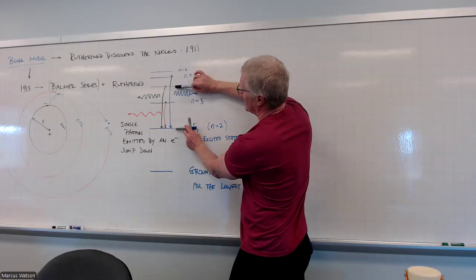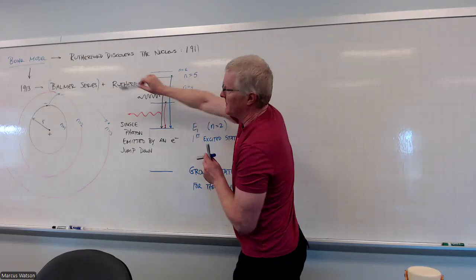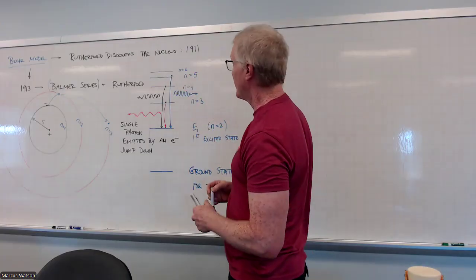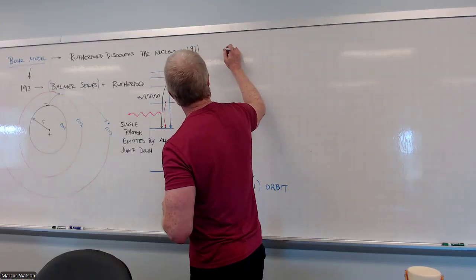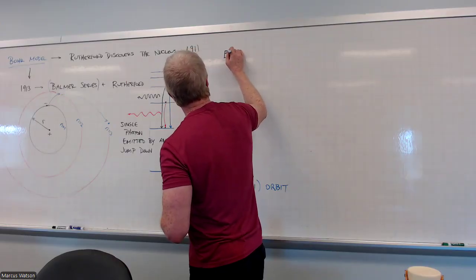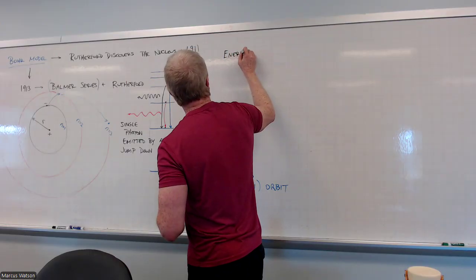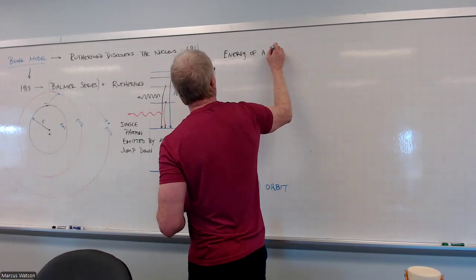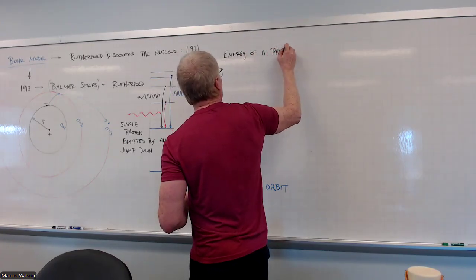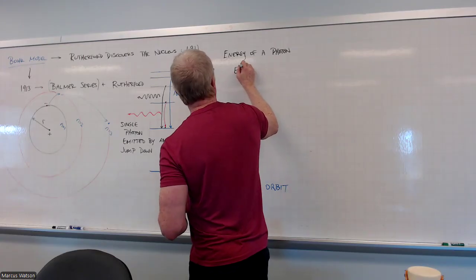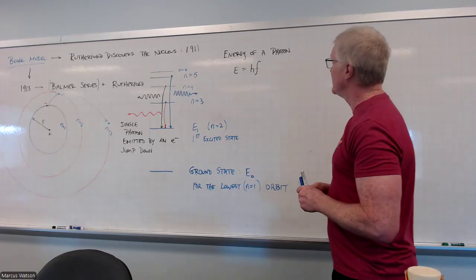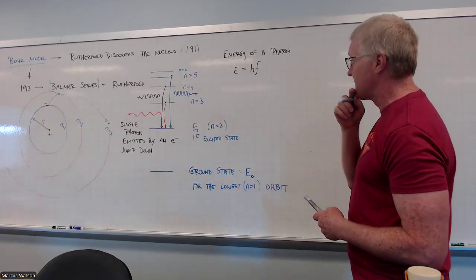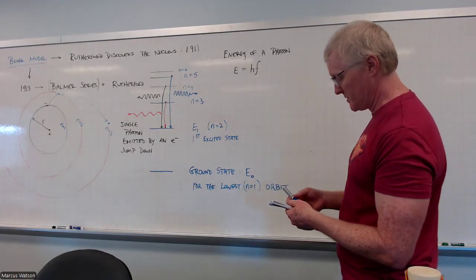The energy difference between these two levels is the energy of that photon. And that's how you find out what the wavelength of it is. So a couple of things come in here, and one of them is the energy of the photon is H times F, where H is the Planck constant and F is the frequency.